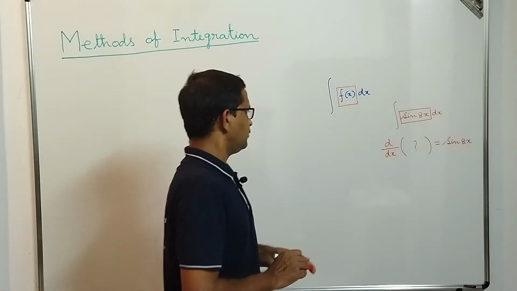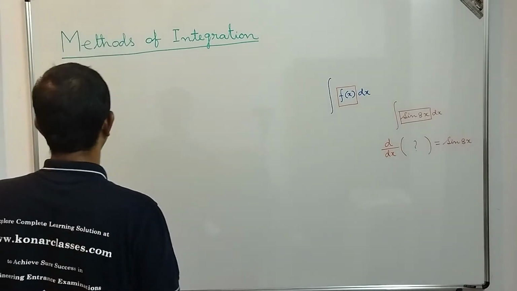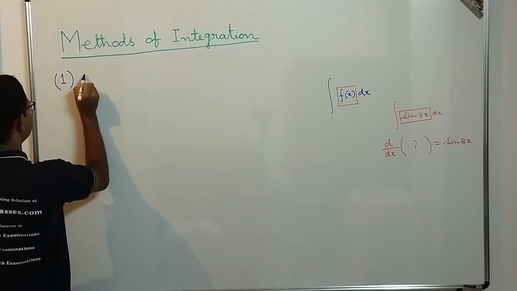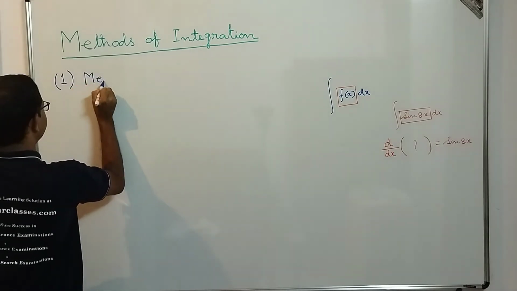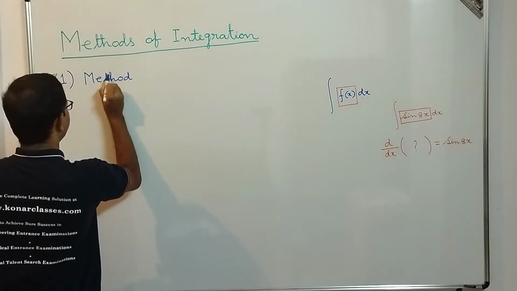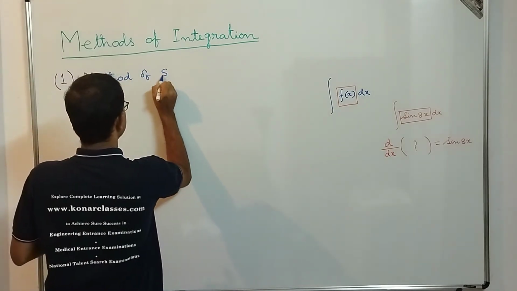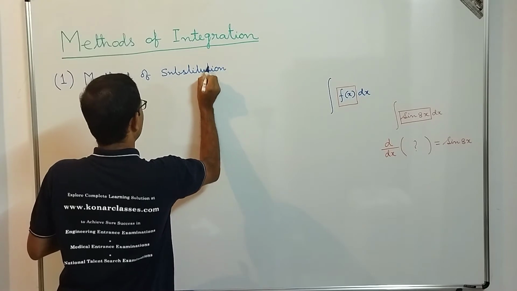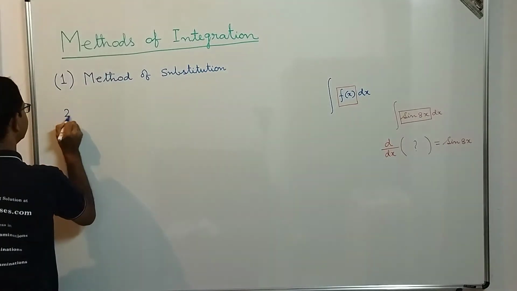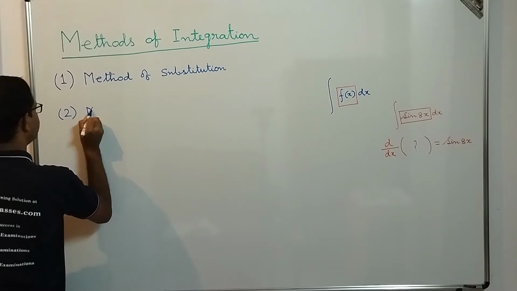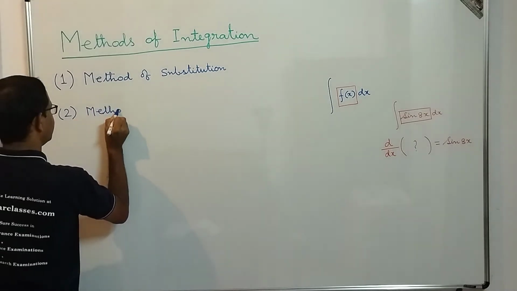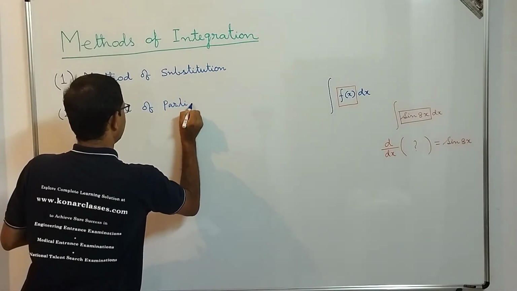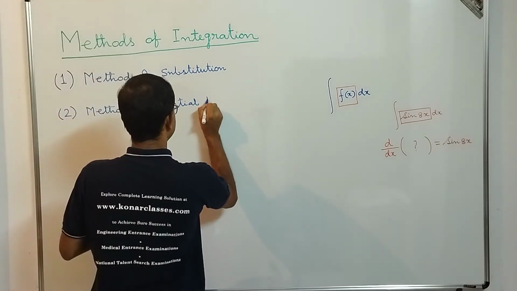So there are three methods we are going to learn. The first one is called the method of substitution. The second one is the method of partial fraction.